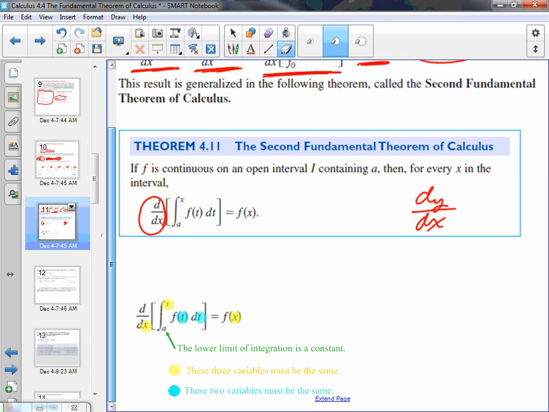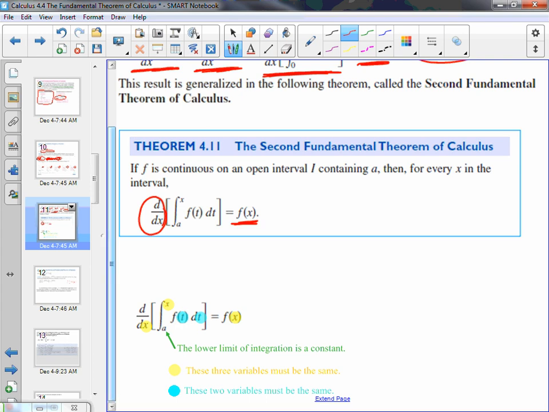So d over dx means the derivative with respect to x of the integral from a to x, a is a constant, x is your upper limit of integration, of f of t dt, it always equals f of x. The derivative of the integral gives you the original integrand back.